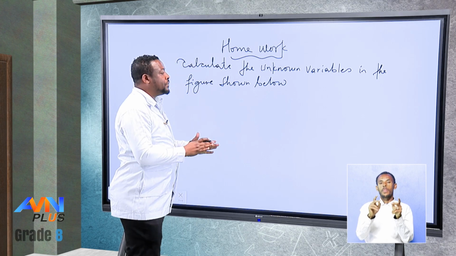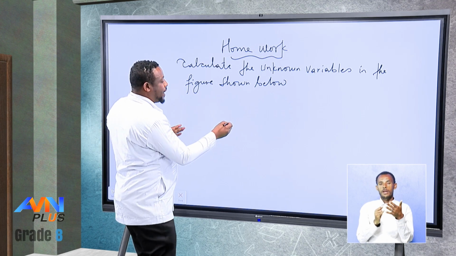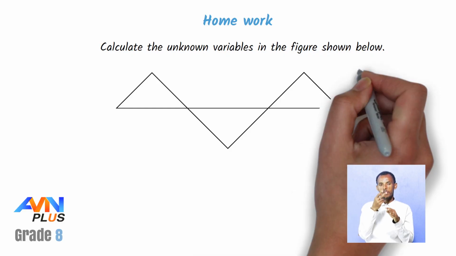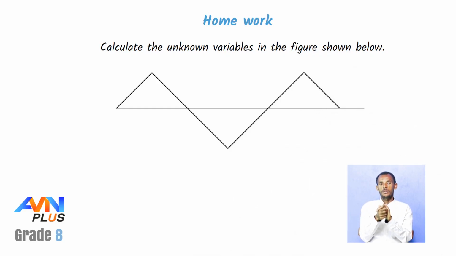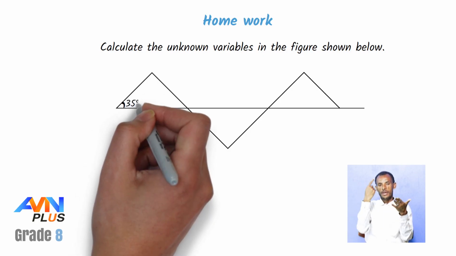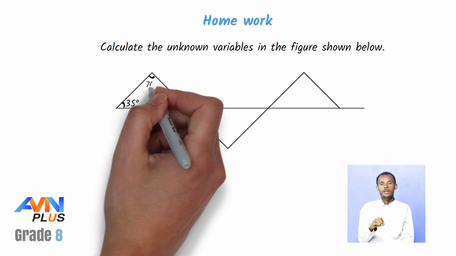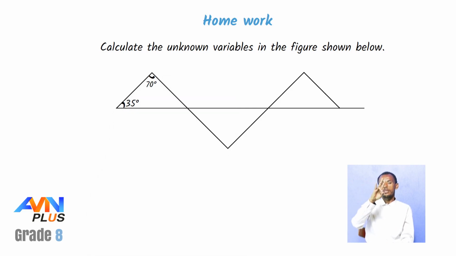Our figure looks exactly like what we have seen in our previous example. I will change only the given values here. Say this angle is 35 degrees and this is 70 degrees.